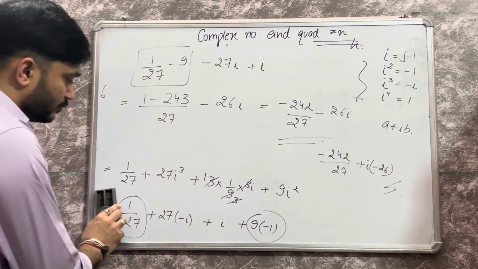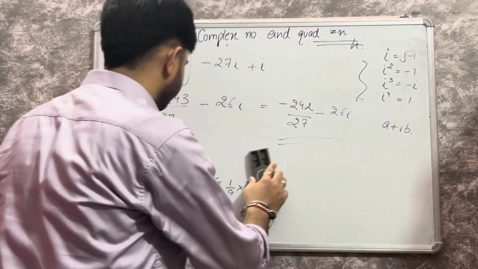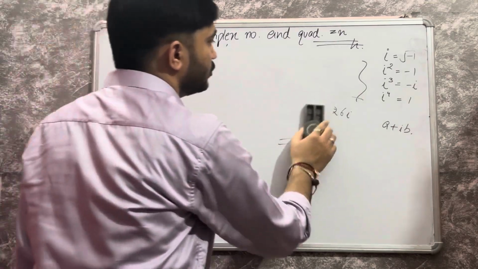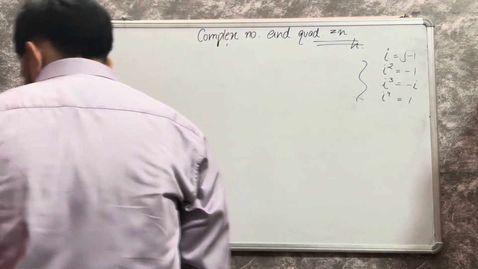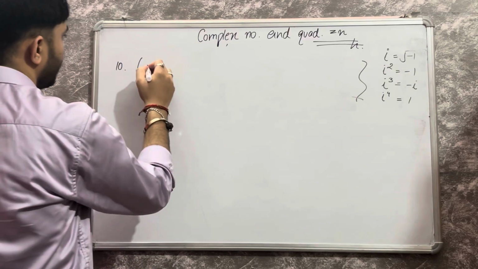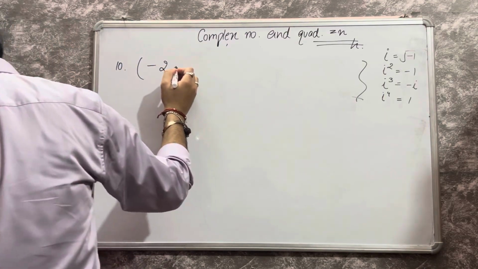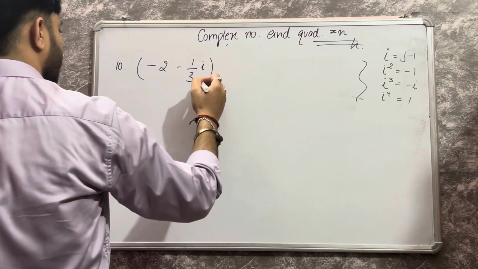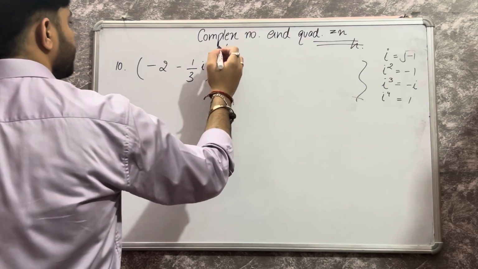Now moving towards the next question. The next question is quite similar to this question as well. That is, we have to find the value of minus 2 minus 1 upon 3 iota whole cube.